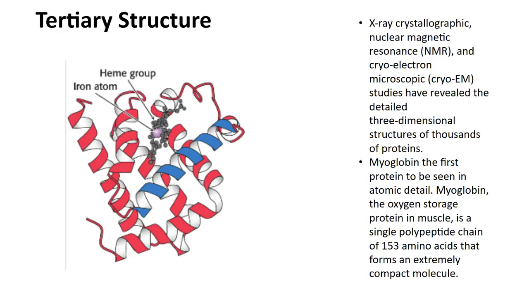Then going into tertiary structure, this right here is a schematic drawing of a myoglobin where you have a heme group, and in the center you have an iron atom that carries oxygen, but we will talk about that more later on. But as far as main techniques to characterize and reveal the details, it's typically X-ray crystallography and NMR.